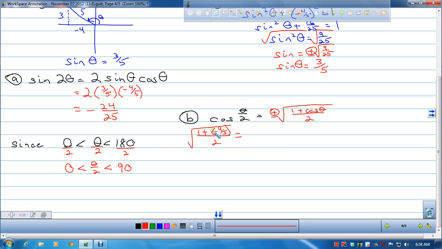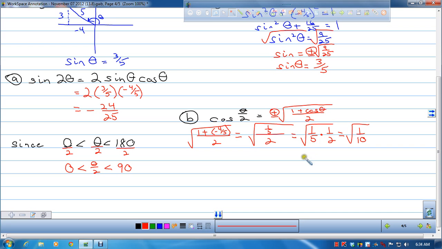You can mentally get a common denominator, or you can just plug it into your calculator. 1 minus 4/5, okay, you should realize is 1/5. That's over 2. So when I simplify that, I've got 1/5 times 1/2, which is square root of 1 over 10.